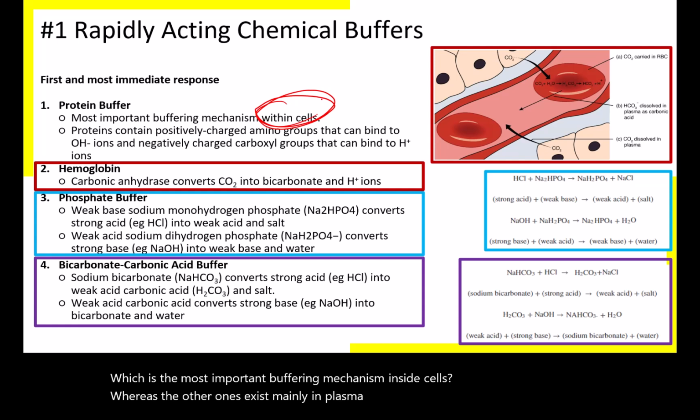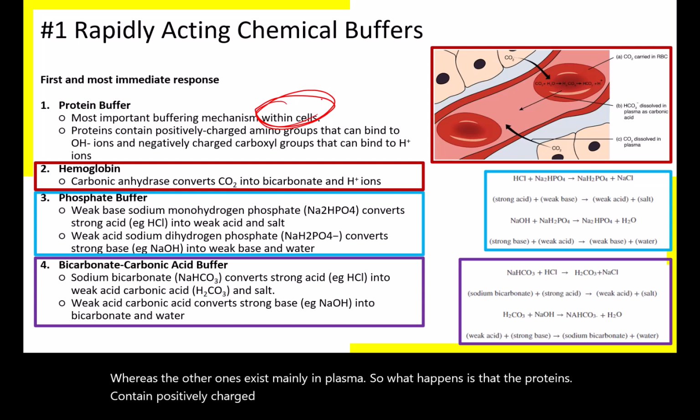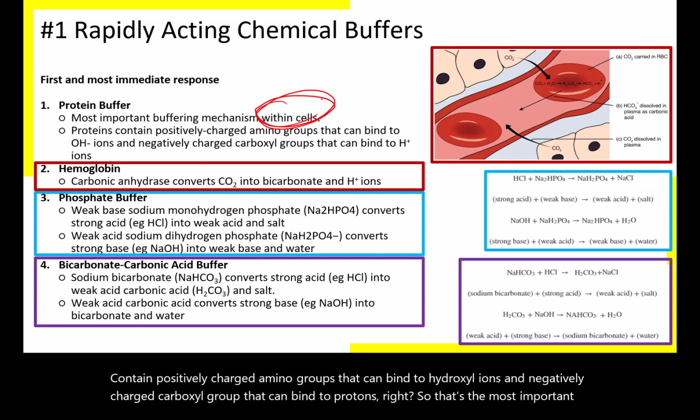The proteins contain positively charged amino groups that can bind to hydroxyl ions, and negatively charged carboxyl groups that can bind to protons, right? So that's the most important buffering mechanism inside cells.